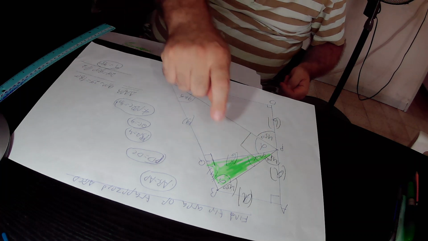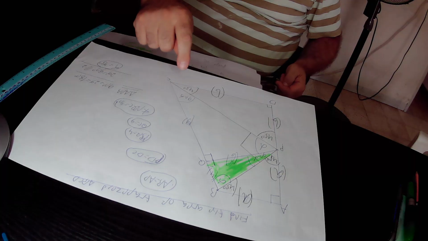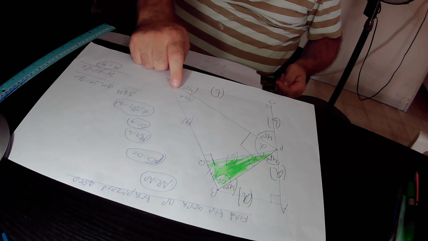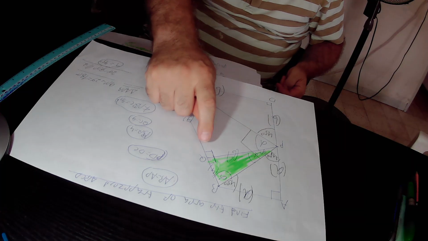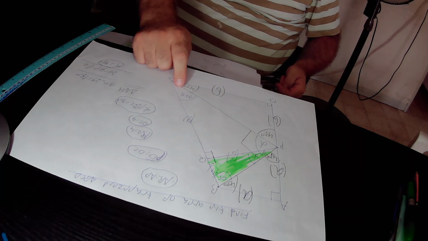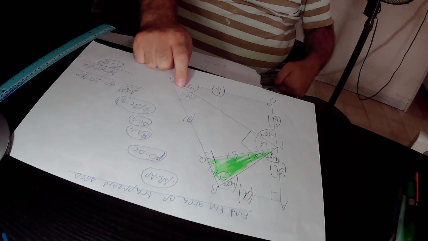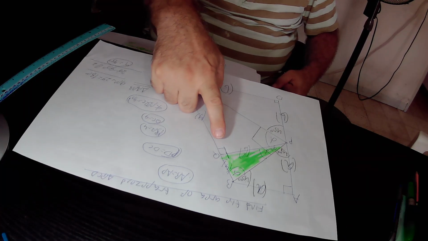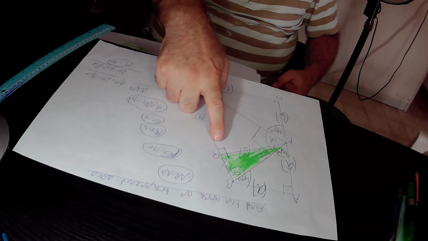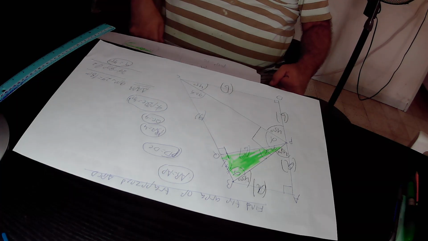In the right angle QPC, this angle equals alpha, this angle equals 90 degrees minus alpha. Why? Because 90 degrees minus alpha plus alpha is 90 degrees, and 90 degrees plus 90 degrees is equal to 180 degrees. That is the sum of the angles in any triangle.